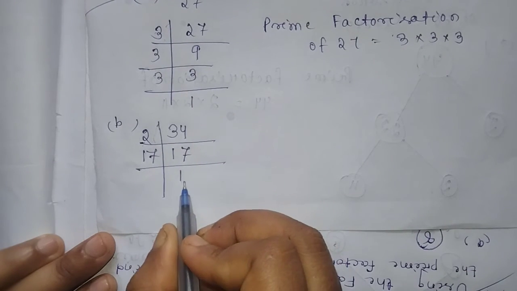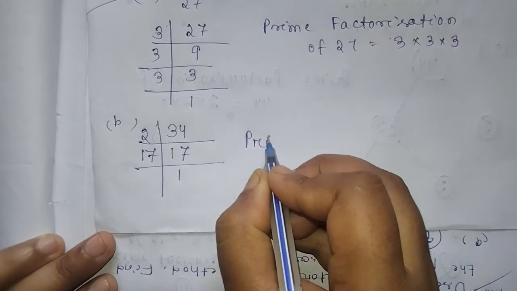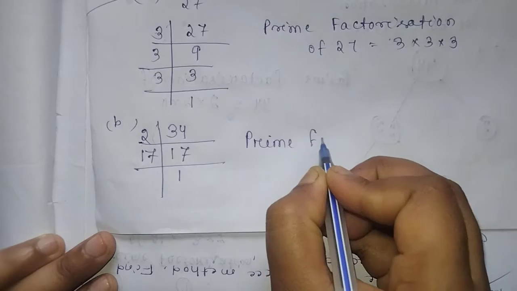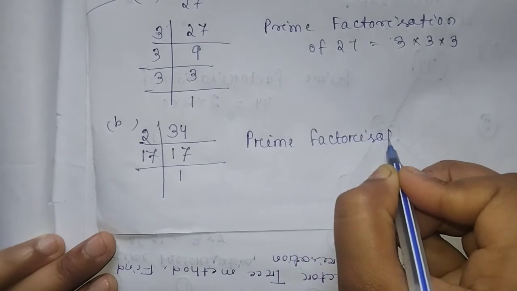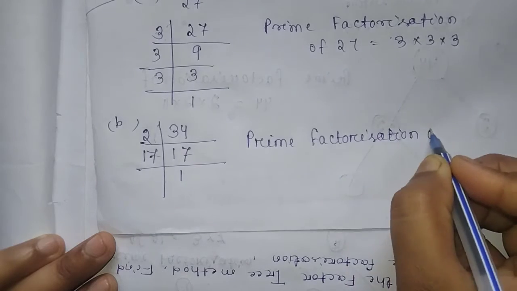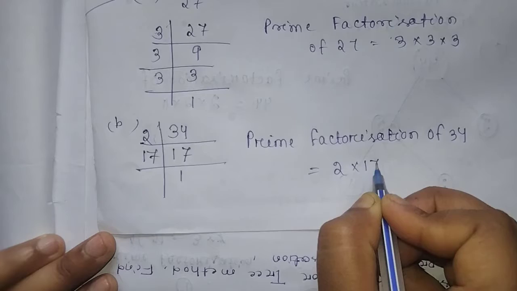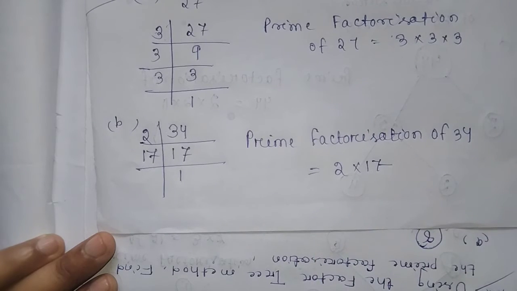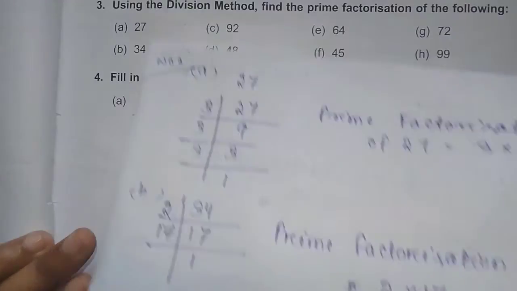We get 1, so we stop. Prime factorization of 34 equals 2 into 17.